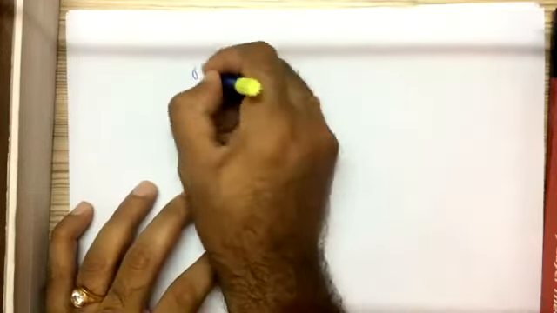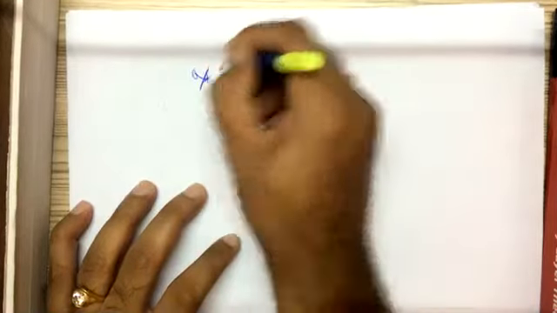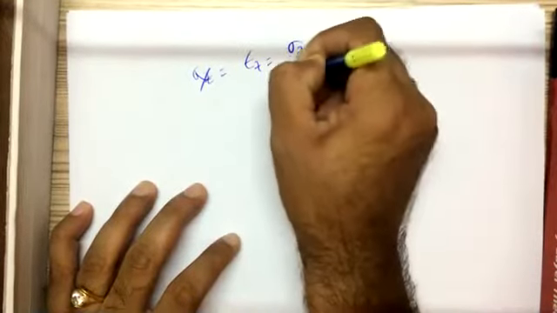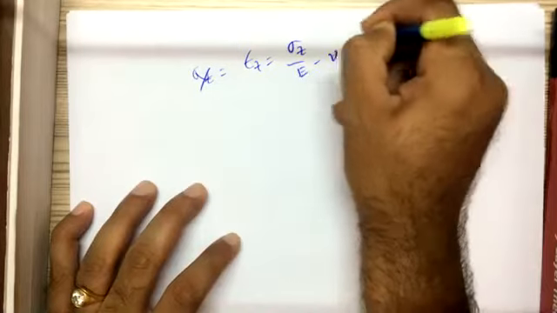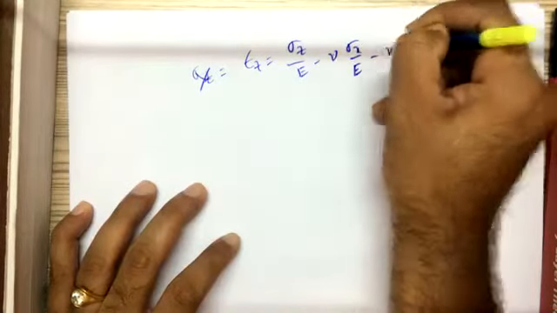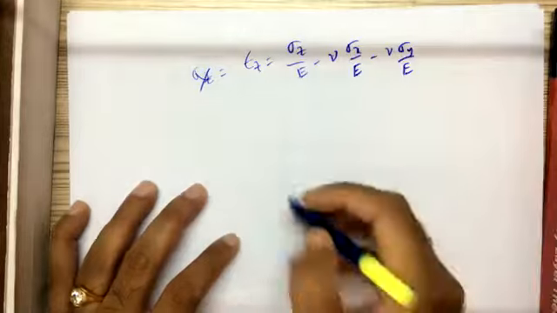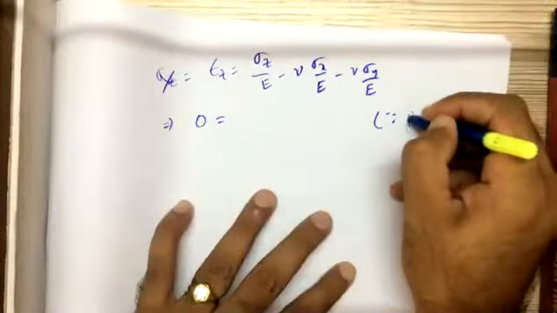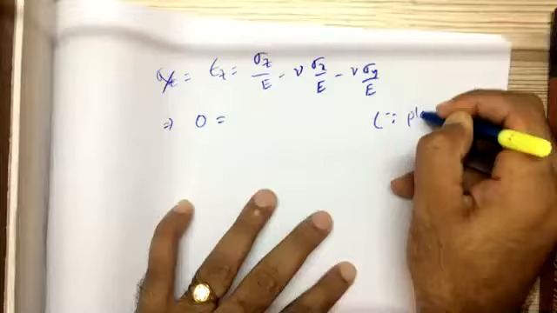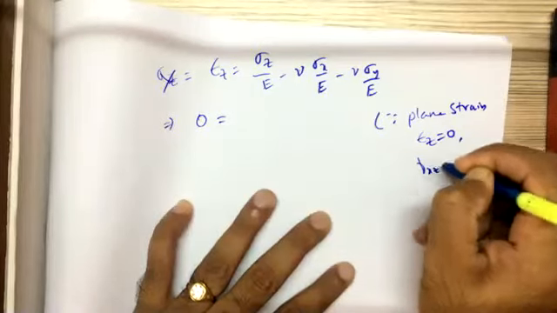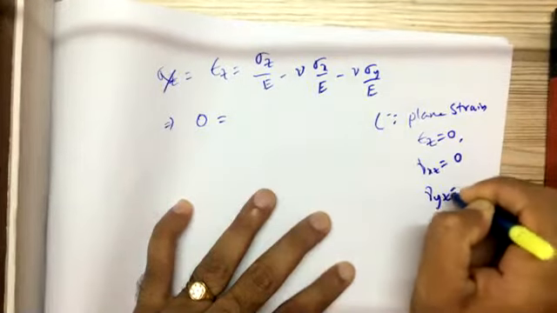So what is sigma z? Epsilon z is equal to sigma z by E minus nu sigma x by E minus nu sigma y by E. I should take epsilon z as 0, since it is plane strain, and similarly gamma xz as well as gamma yz will also be 0.